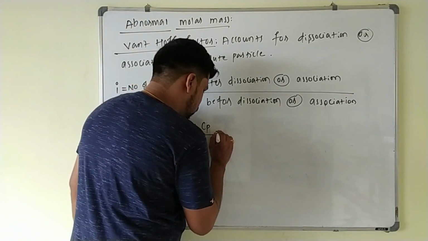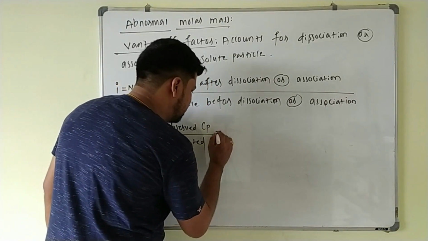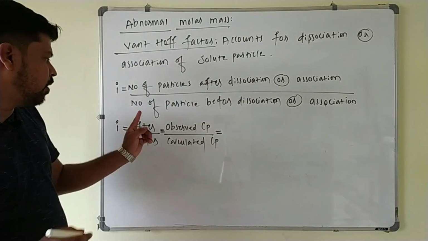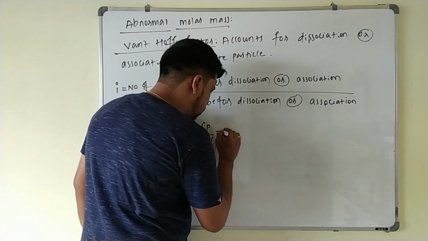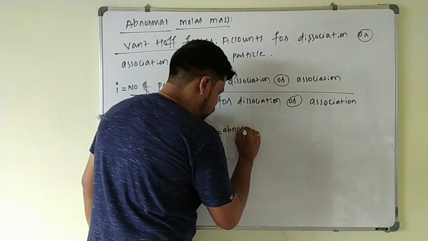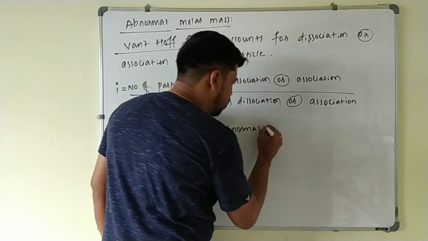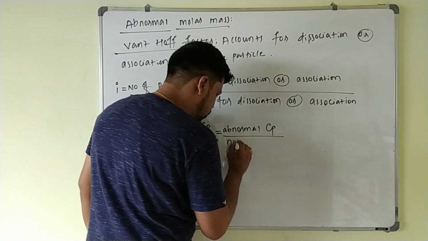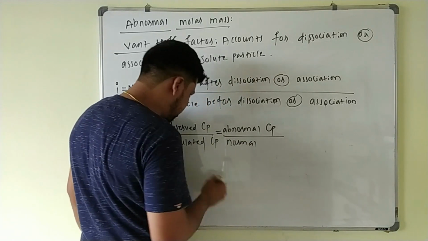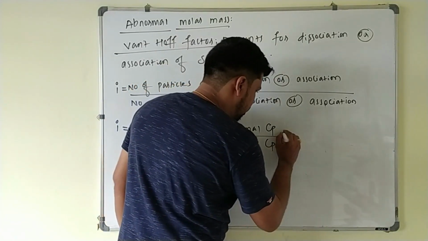The observed colligative property is called what? Abnormal colligative property, because the number of particles is changing here. So abnormal colligative property divided by normal colligative property. Normal is the calculated colligative property.